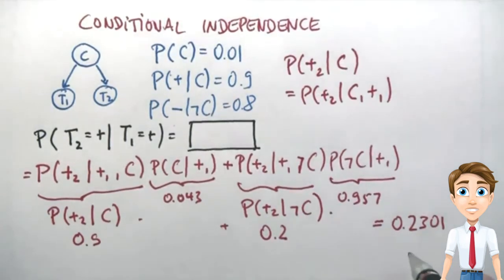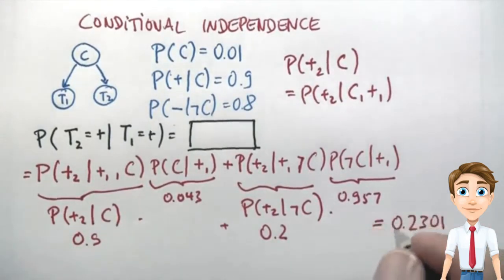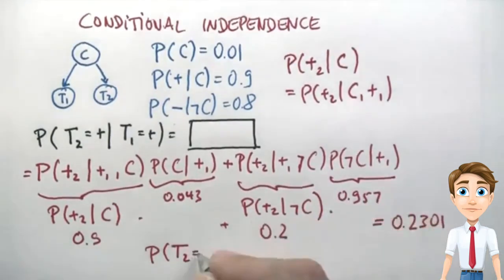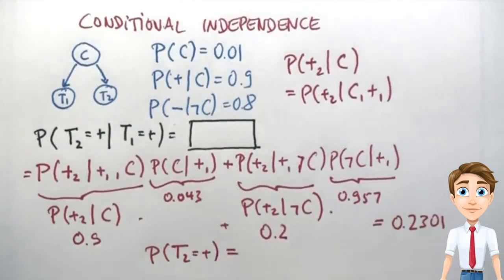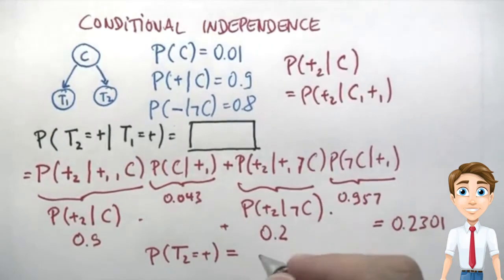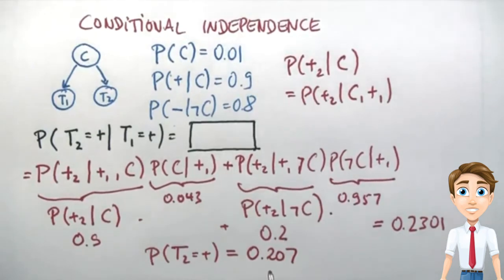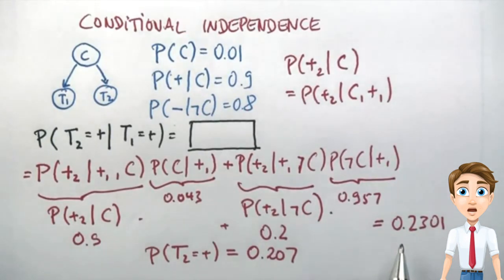That's an increased probability compared to the default probability which we calculated before, which is the probability of any test to come in as positive, the normalizer of Bayes' rule, which was 0.207. So my first test has a 20% chance of coming in positive. My second test, after seeing a positive test, has now an increased probability of about 23% of coming in positive.